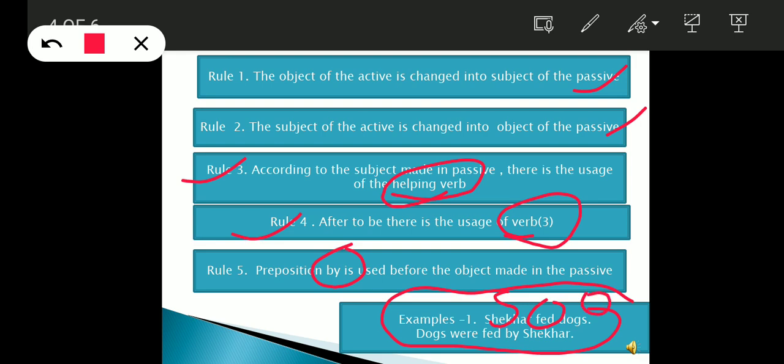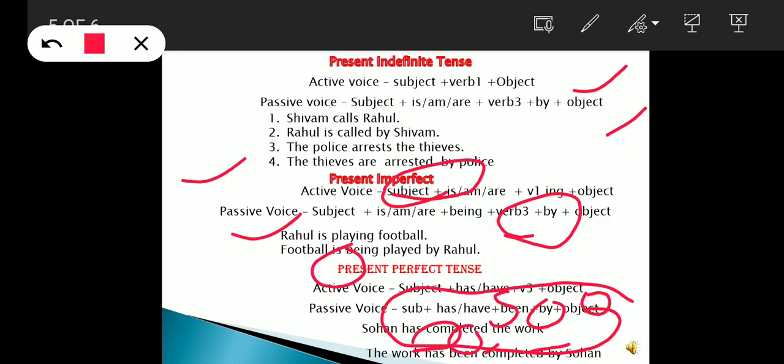So here you can see dogs comes first, then Shekhar has become the object. The third form of feed is fed, and you can see by is placed before the object Shekhar, and there is a helping verb, were. Now come to this slide, present indefinite tense.